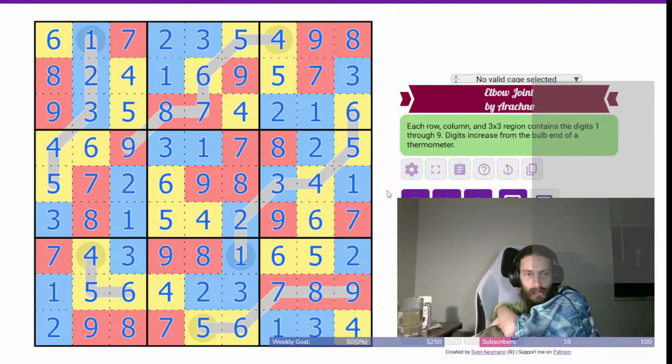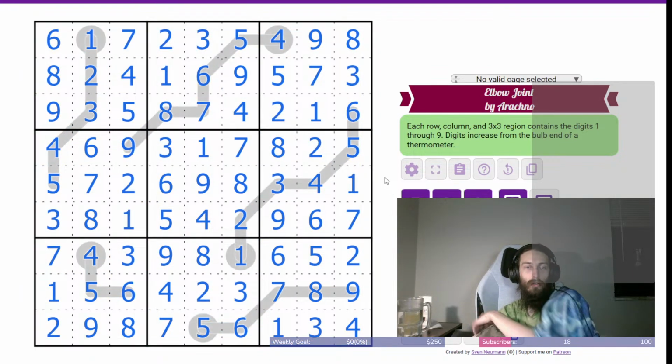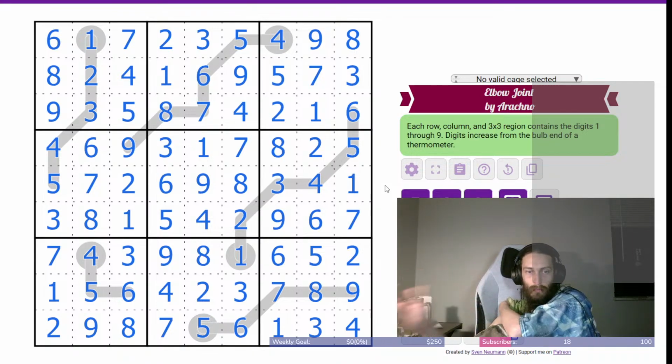Yeah. I don't know if the coloring was necessary for high, middle, and low. Yeah.